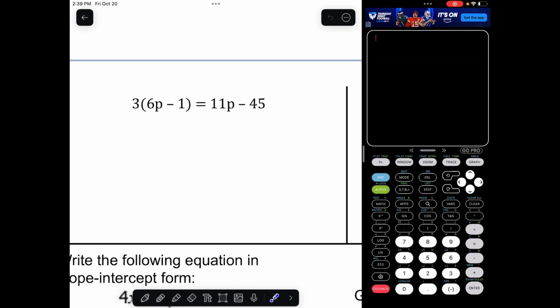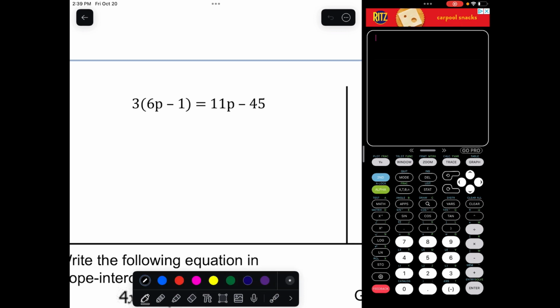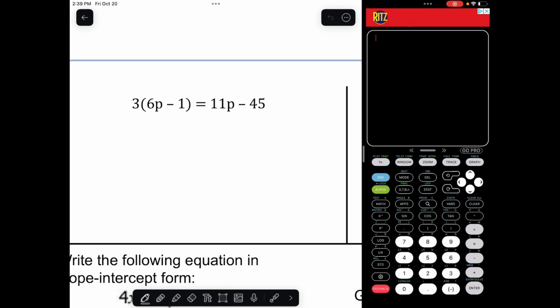So we need to make sure to remember to multiply to both terms. One thing that you can do to help you remember is by drawing your little arcs from that 3 to both terms in the parentheses.